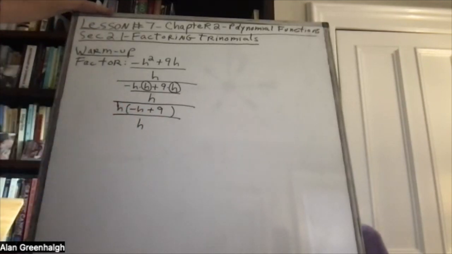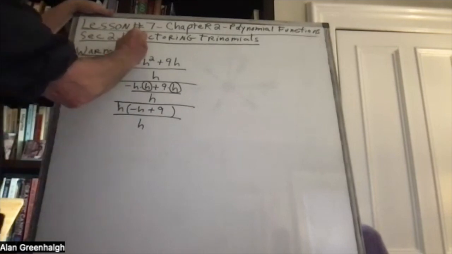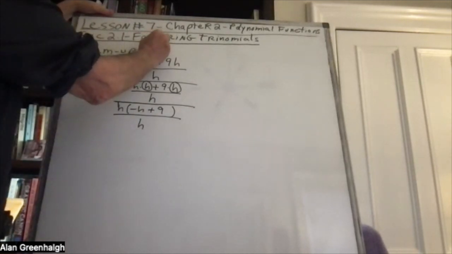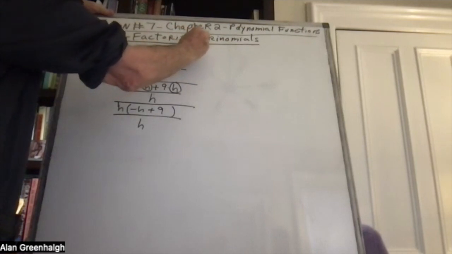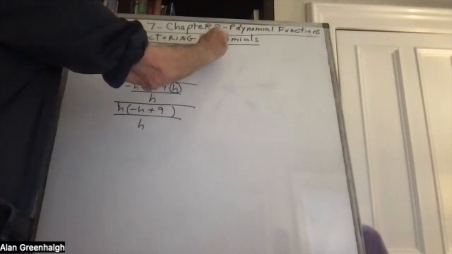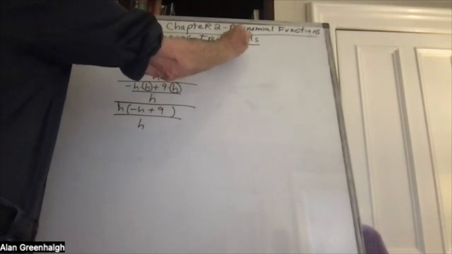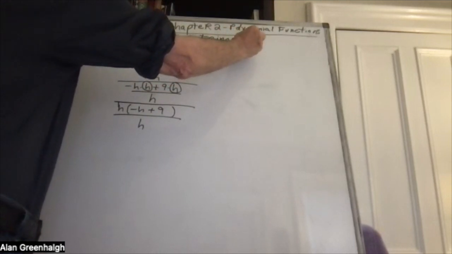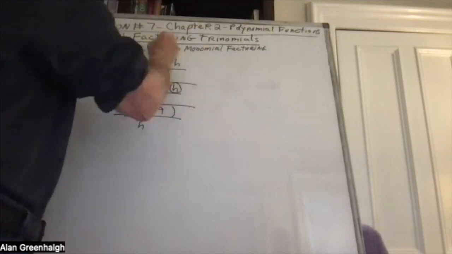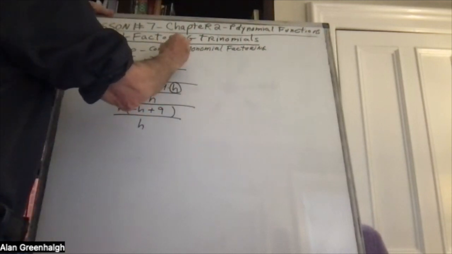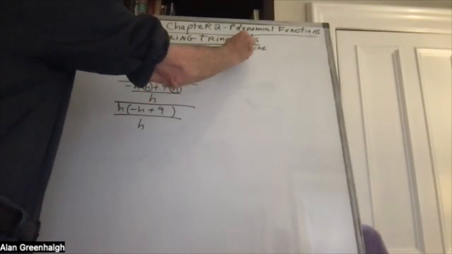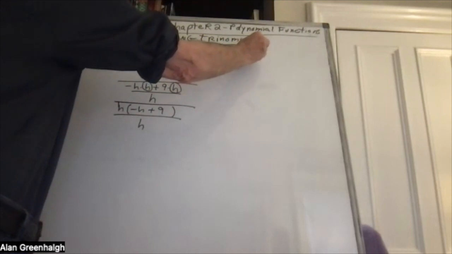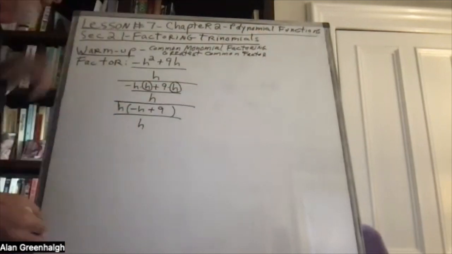And this is the first type of factoring, called common monomial factoring, or sometimes greatest common factoring. The greatest common factor. I'll tell you what that means in a moment.